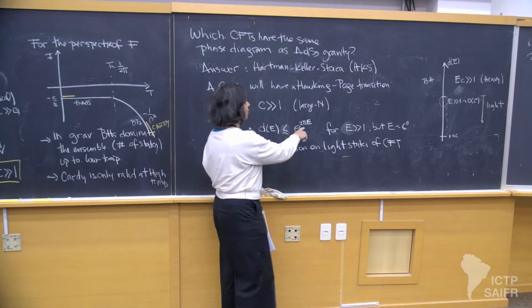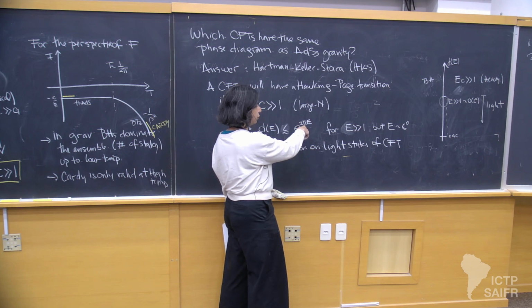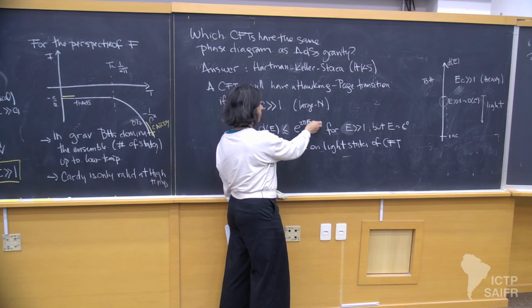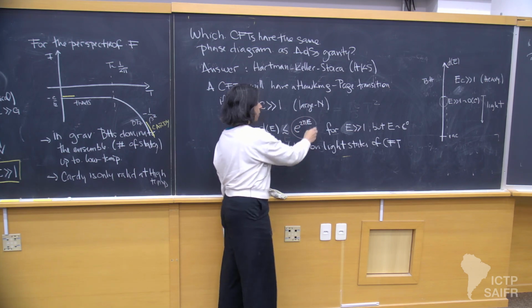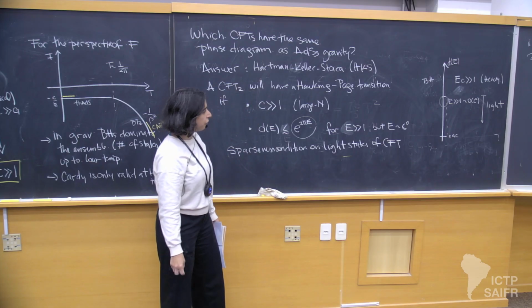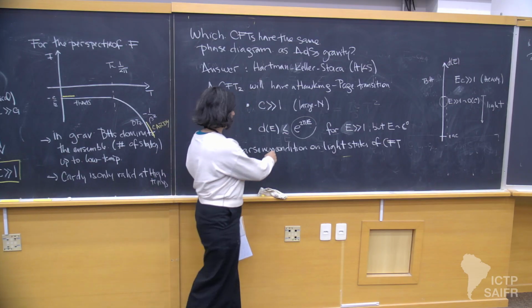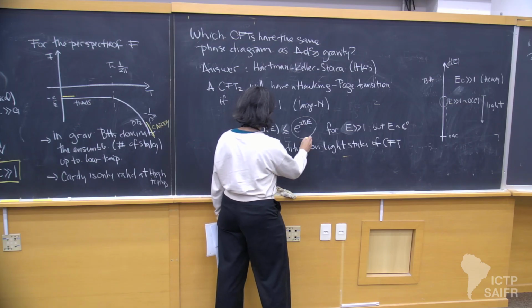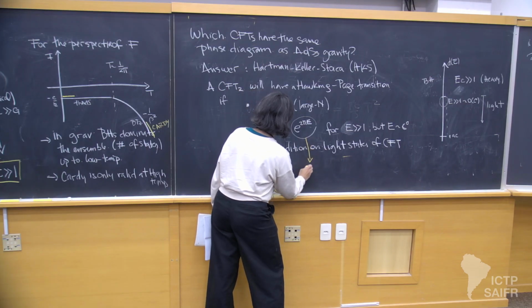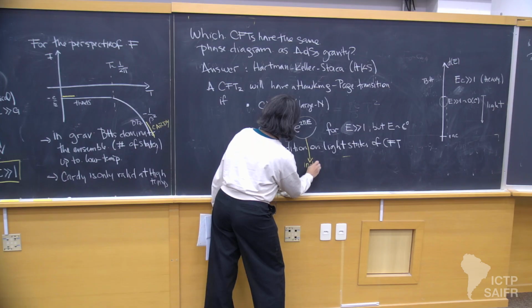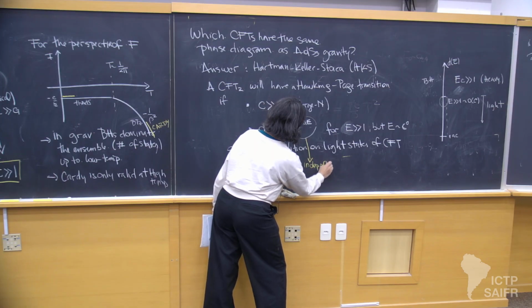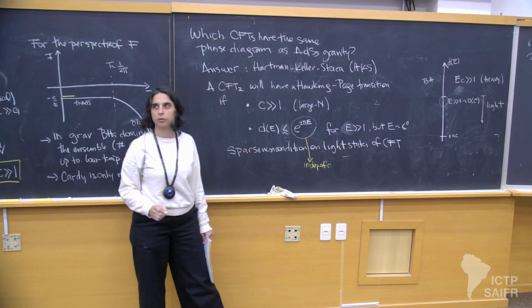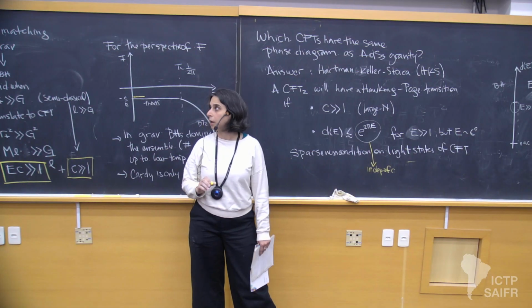What's important here is that there's a factor of 2π and e. And what you need to remember is that the number of light states, the sparseness condition, the most important lesson, besides the fact that it's exponential, is that this bound is independent of C. So that's why it's not an easy bound to impose. It's a very special type of bound.